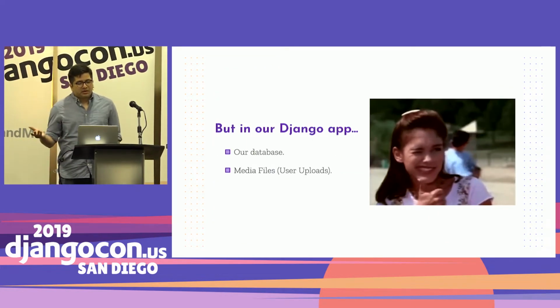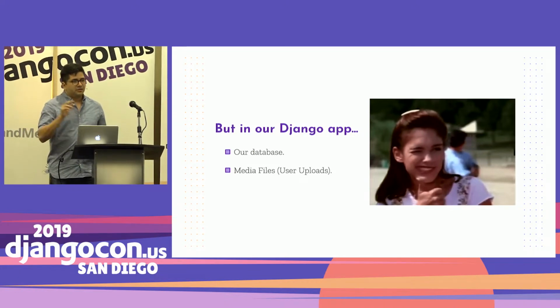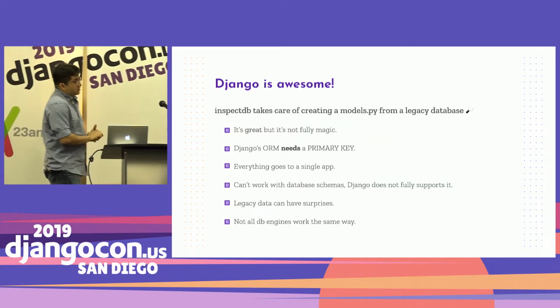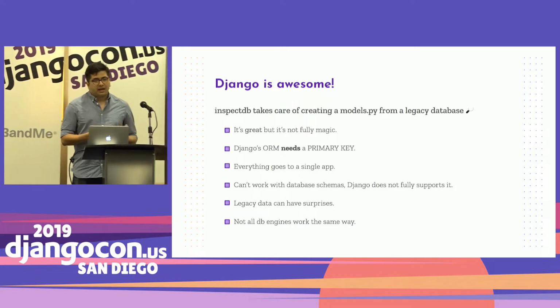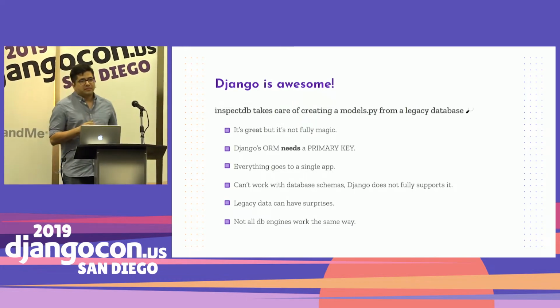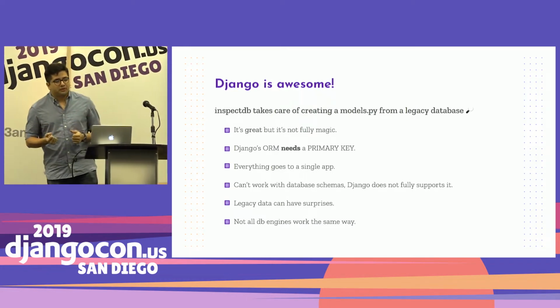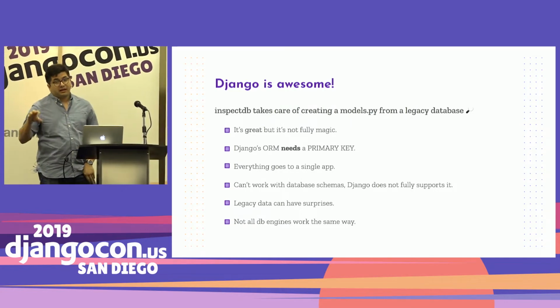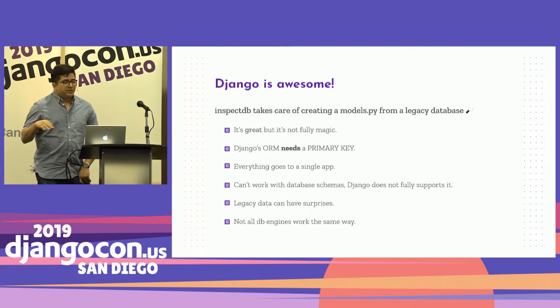But in your Django apps, it's basically two things: your database and your media files or user uploads. Django is awesome. That's the reason why we're here. And inspectdb, this management command that comes with the framework, takes care of creating the models.py of a legacy database. inspectdb has many options.